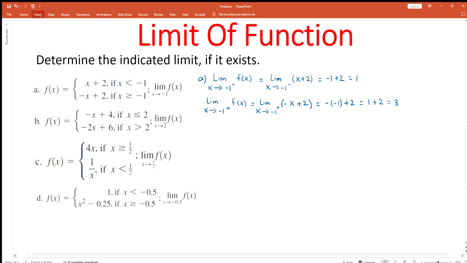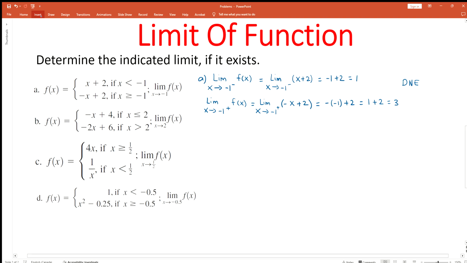The right-hand limit is equal to 3. Since the left-hand limit is not equal to the right-hand limit, we can conclude that limit x approaches -1 for f at x does not exist, or DNE, because the left-hand limit is not equal to the right-hand limit. This is a very important concept we need to understand and memorize.